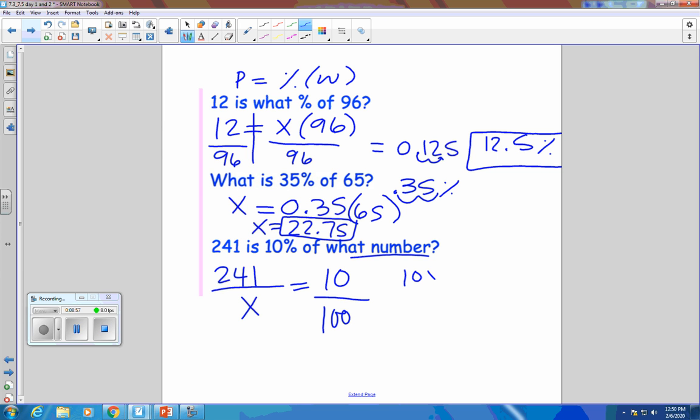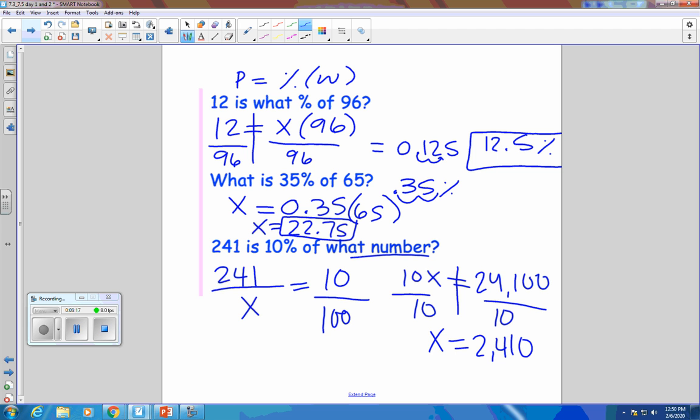X times 10 is 10x. 241 times 100 is 24,100. Divide both by 10. And you get x equals 2,410. So if you solve these either using percent equation or percent proportion, you should have gotten the same answer using both methods.